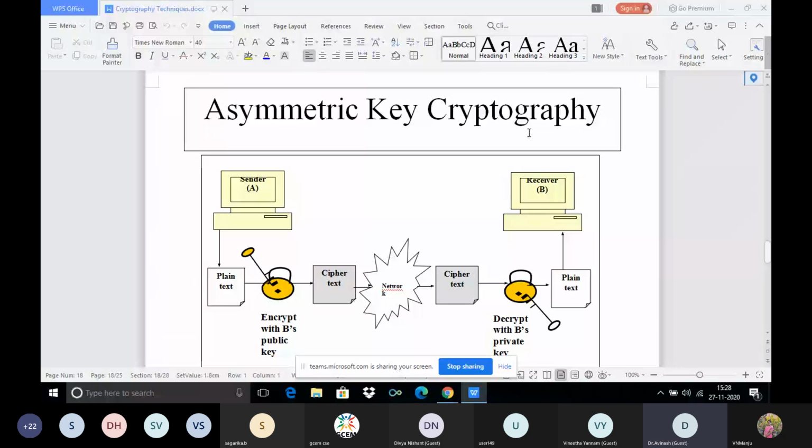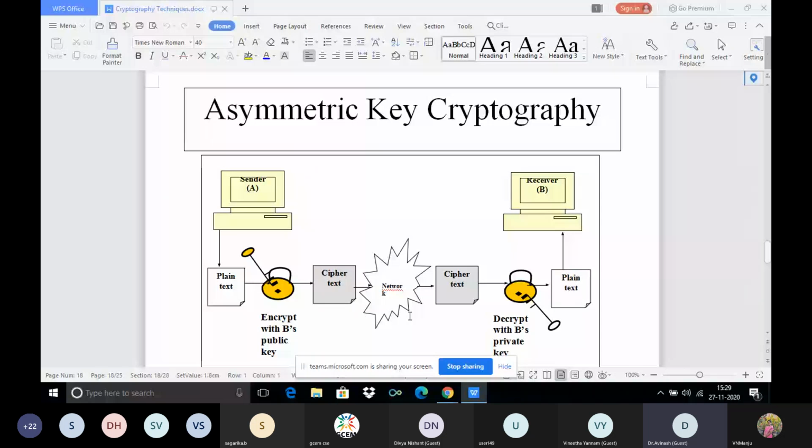This is the asymmetric key cryptography. There is a sender and there is a receiver. The sender sends the plain text to B. Then it is encrypted with B's public key. This process is called the encryption of the plain text with B's public key. So we obtain a ciphertext here, and then it goes to the network.